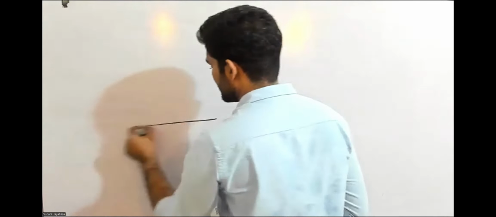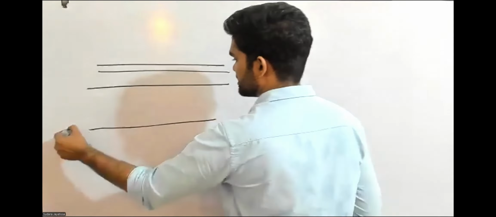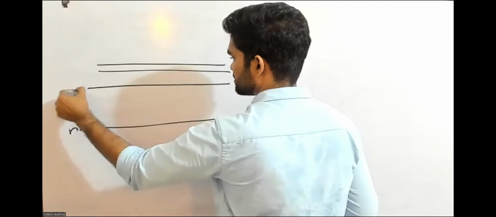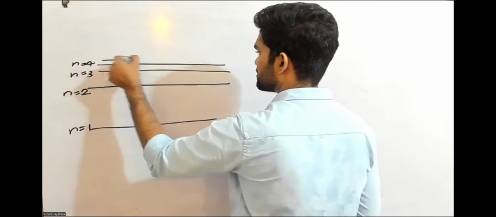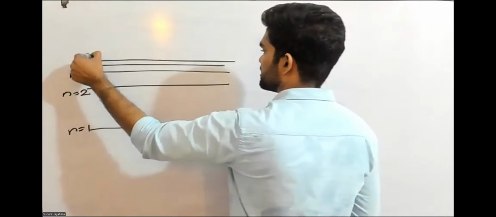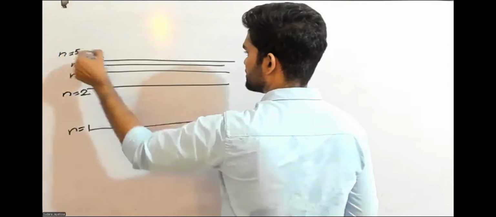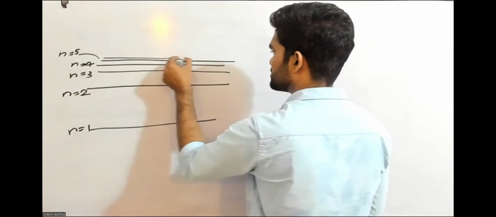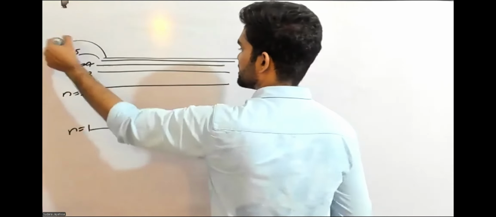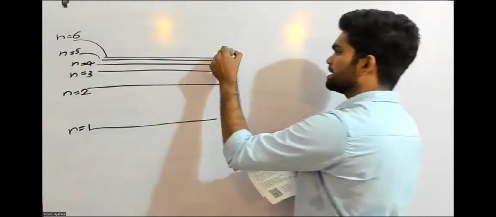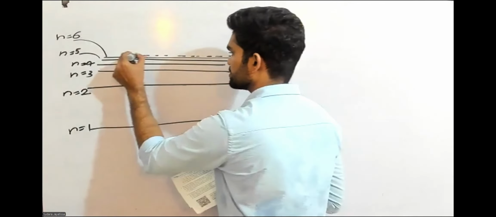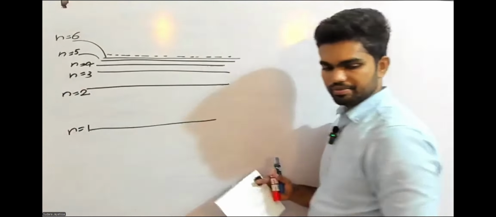So these are the energy levels. Let's say this is n equals 1, 2, 3, 4, and n equals 5. And then I want 6 also for this discussion, n equals 6. And there may be an infinite energy level also with some energy.